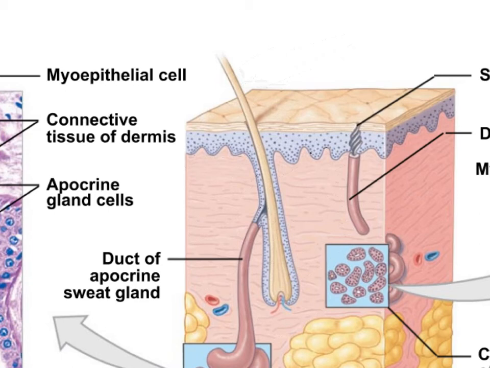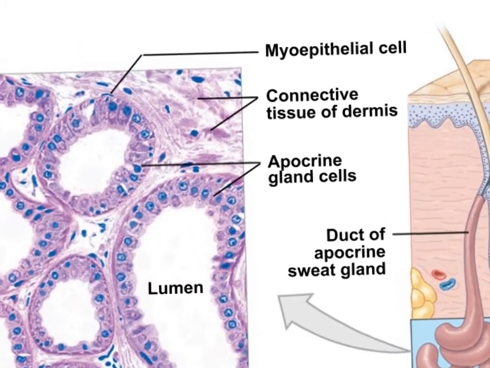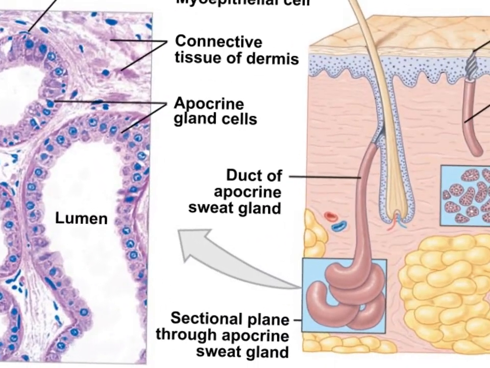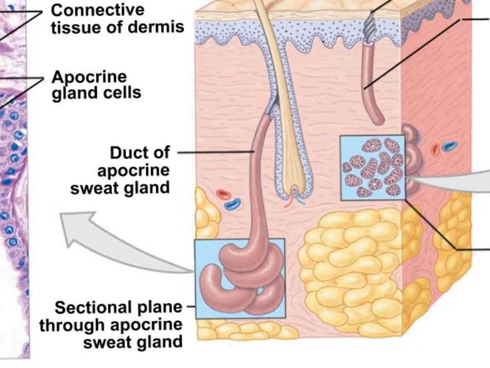So the first one that we have is called the apocrine gland. Here we have an apocrine sweat gland. You can see on this model, they're a little bit deeper, deeper into the dermis.